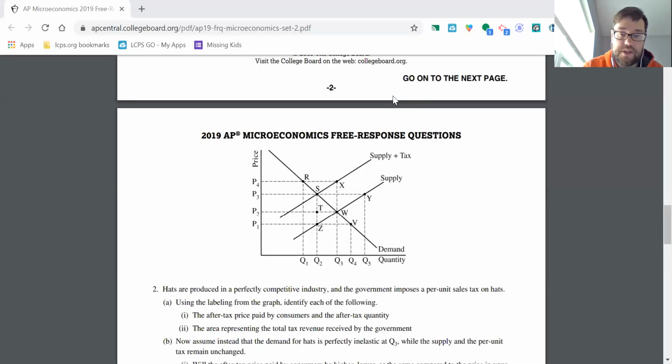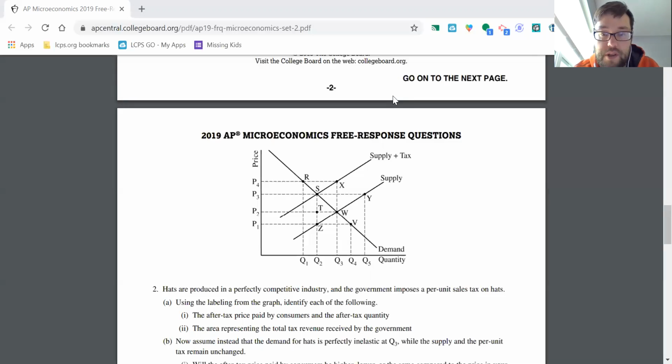The question is, does producer surplus change if the supply plus tax curve comes down? They're talking about reducing the tax, so moving this curve back down this way. The answer is it would not change.